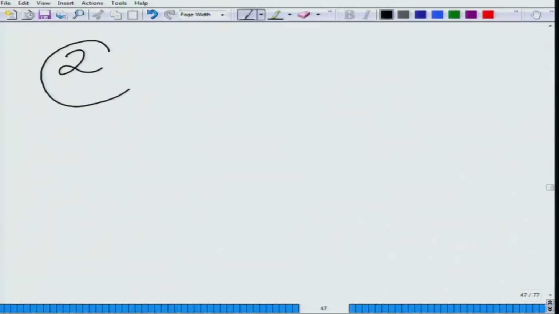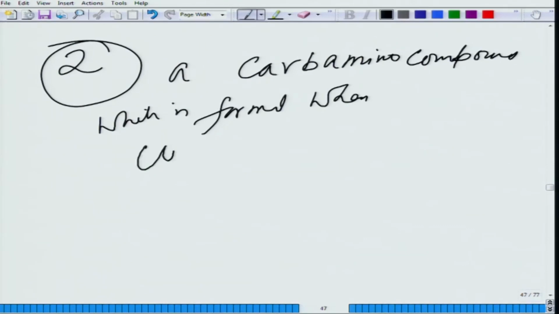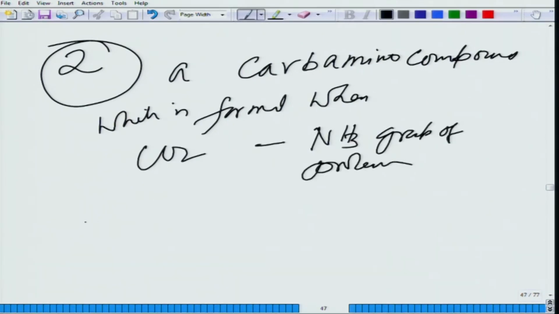Route 2, carbamino compound, which is formed when CO2 combines with the NH2 group of protein, which is essentially what we are talking about with carboxyhemoglobin.